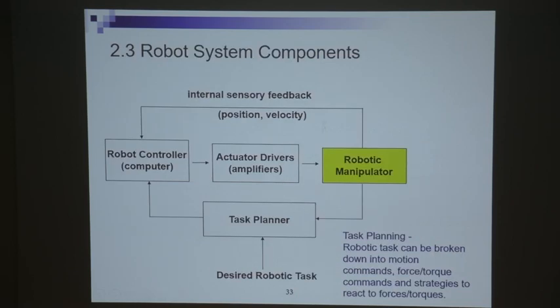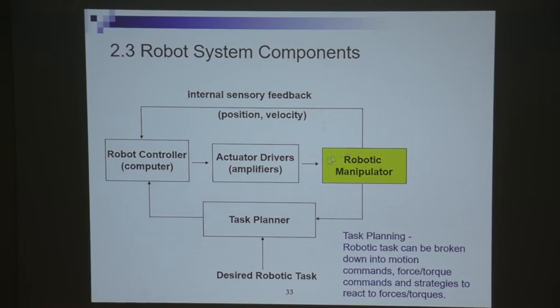Then we come to the robot system components. From this overview diagram, this is the robot manipulator that we have been talking about. So we are getting close to the design of the robot, which is the physical part of the robot system.